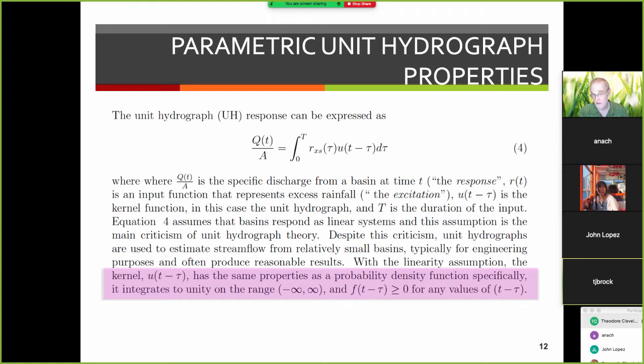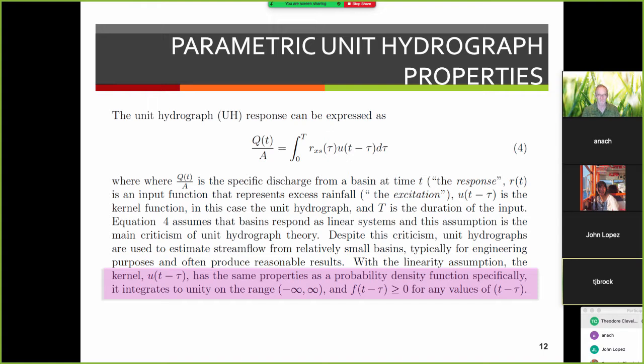So unit hydrograph response is usually expressed in this equation here. So in this case, it has Q of T divided by the area, where Q is the observed discharge from a basin at the pour point in time T. Call that the response. A is the watershed area.